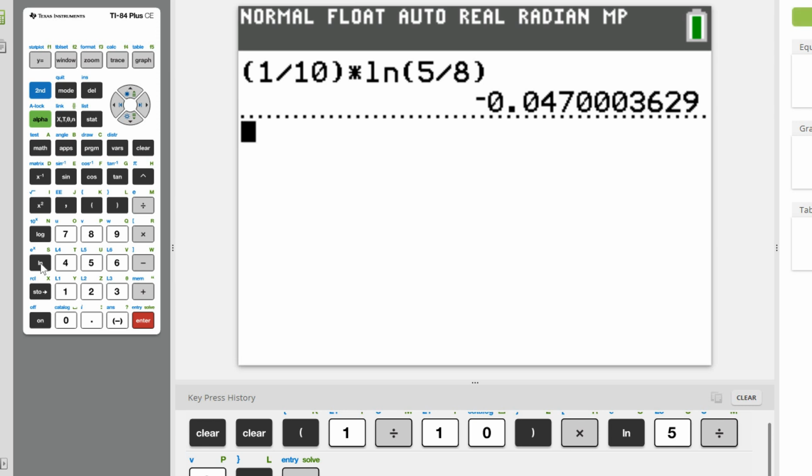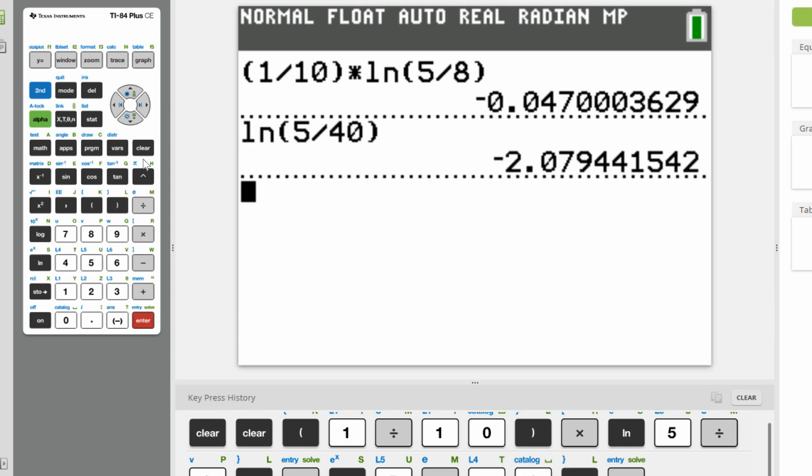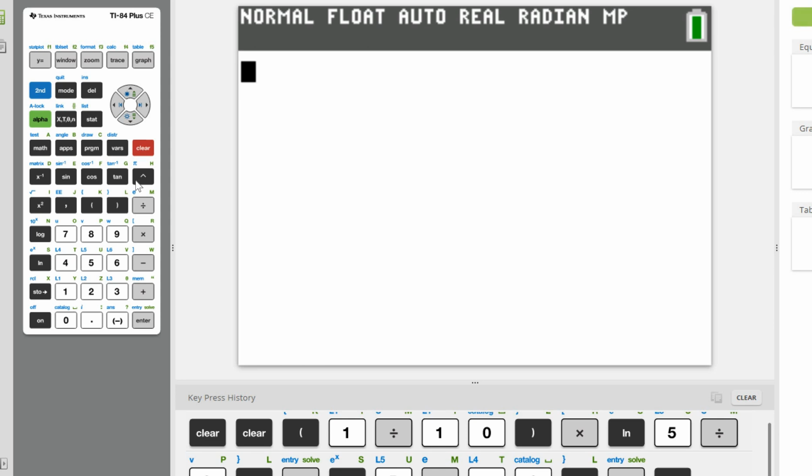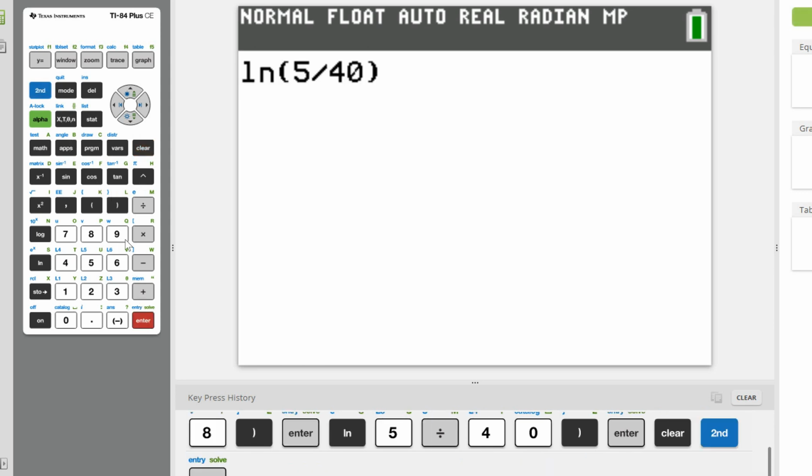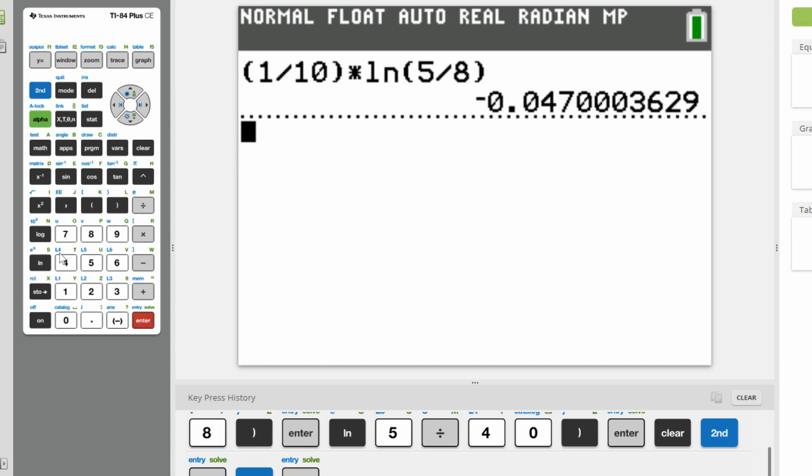Then type in the numerator, which is ln of 5 over 40, and divide that by the answer that we had.